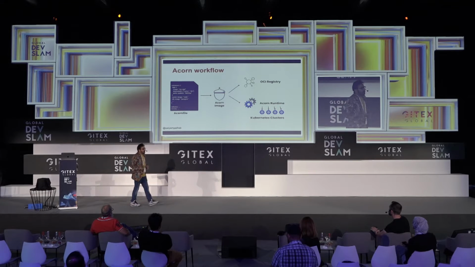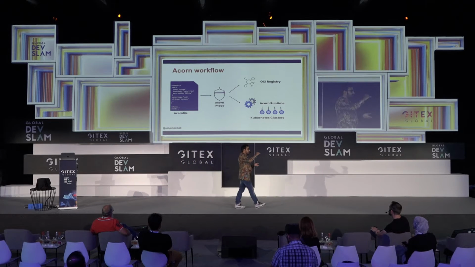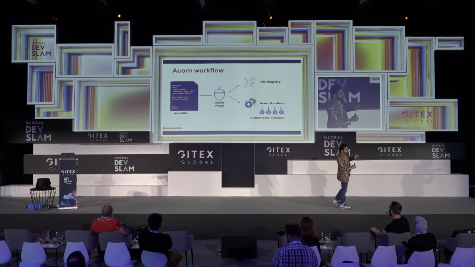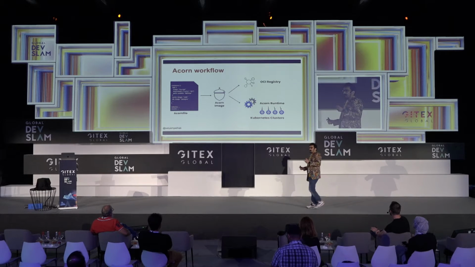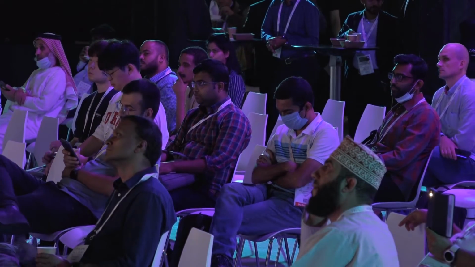So the workflow looks like this: you write an Acorn file, and all the Acorn components will be installed onto the cluster. From the Acorn file, there will be an Acorn image, which is called the artifact, an OCI compliant artifact that will be created. Now, this artifact can be a single Docker image or a combination of Docker images, following the same principles.